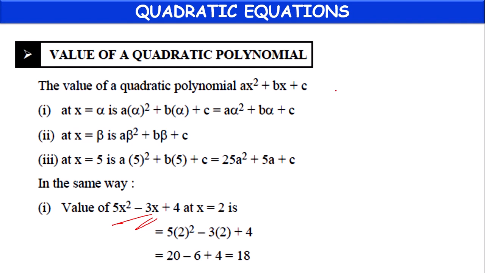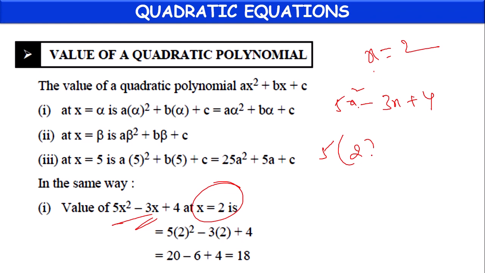Or we have to find the value of 5x square minus 3x plus 4 when x equals 2. Just keep 2 in the place of x: 5 into 2 square minus 3 into 2 plus 4. 2 square is 4, 4 into 5 is 20, minus 3 into 2 is 6, plus 4.